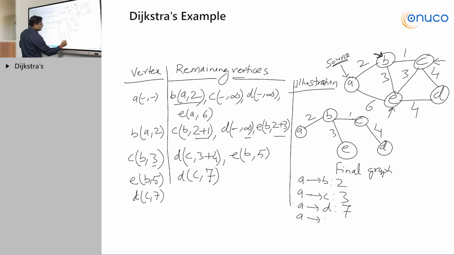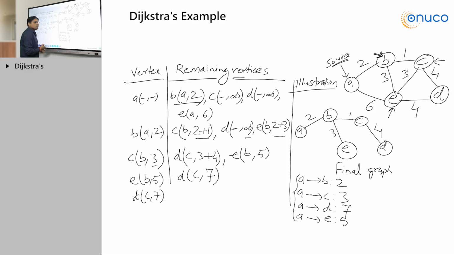And A to E, what is the distance A to E? We can see here, all distances we can find out here: 2, 3, 5, 7. So E is 5 units, right? Fine. So this is the single source shortest path: A to B, A to C, A to D and A to E, all the distances were computed.